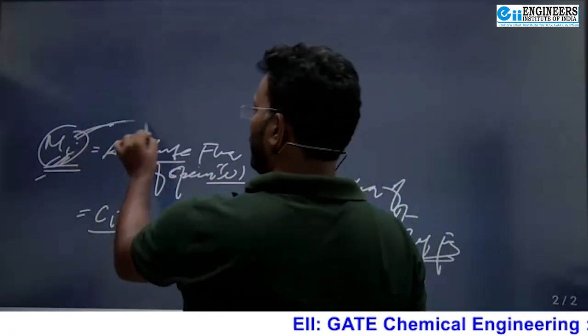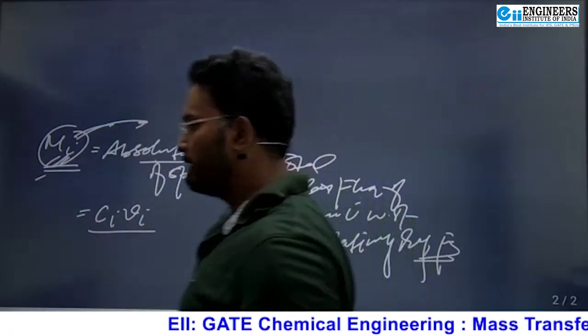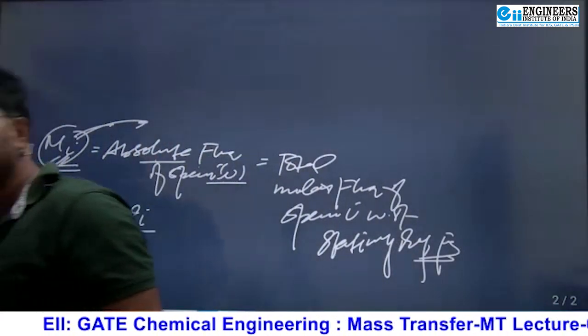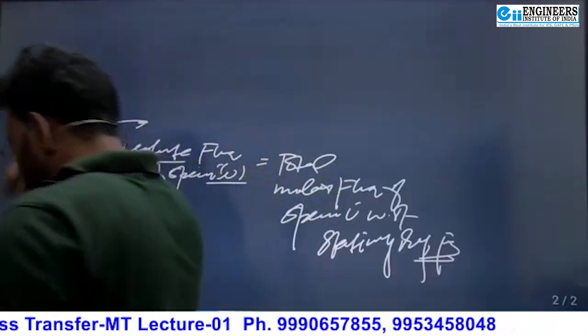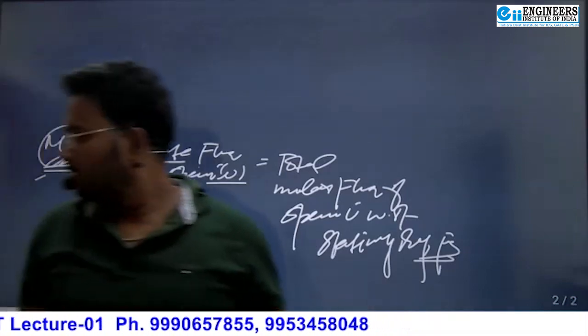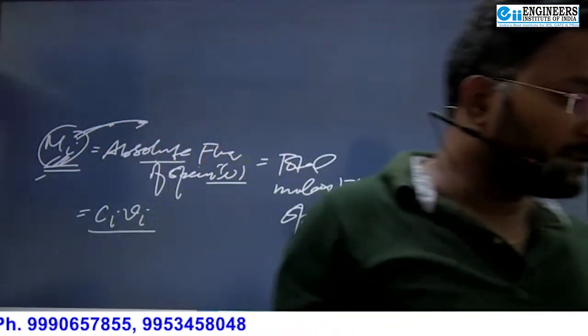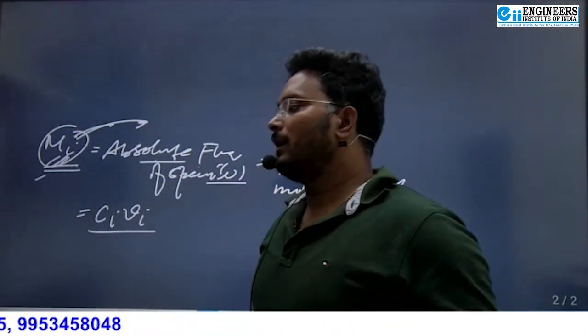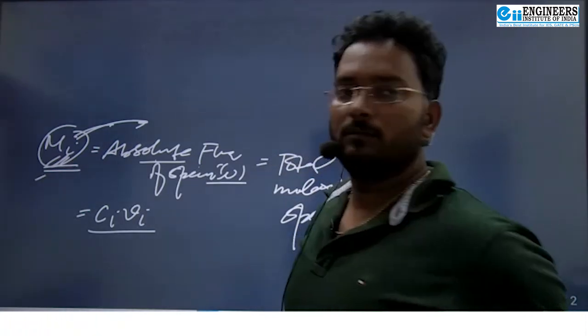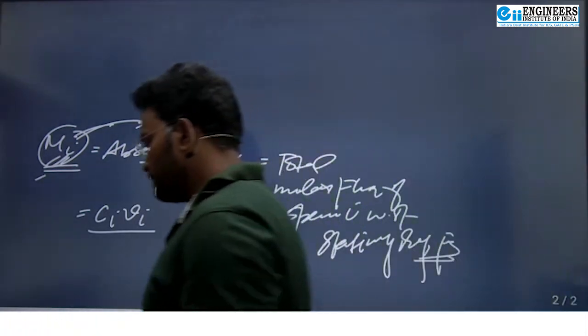This flux is important in the design of equipments to find the total rate of mass transfer. You can write, this flux is important in the design of mass transfer equipments in order to calculate the total rate of mass transfer of that species.